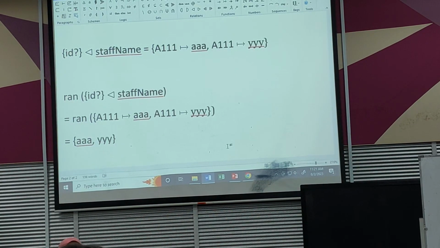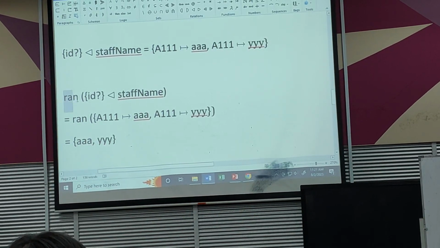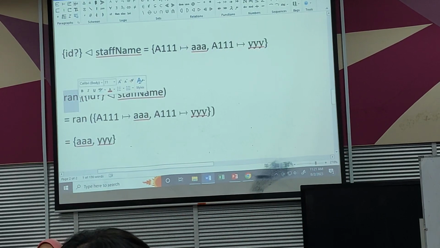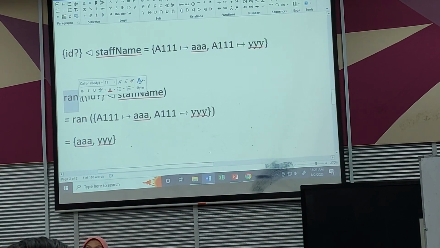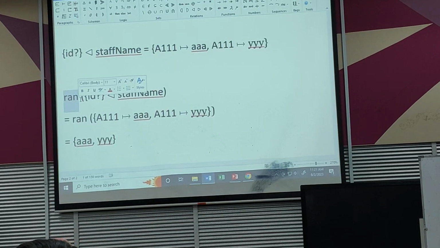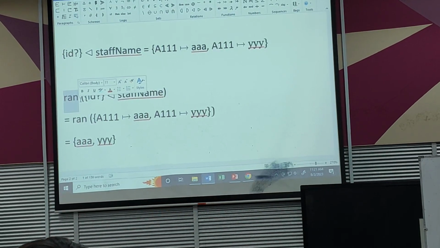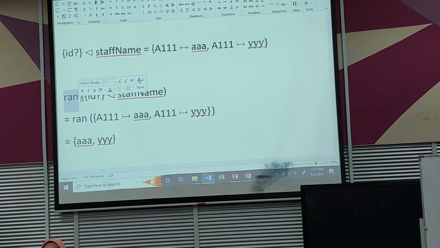Okay, if you put ran in front. So this is actually if let's say you want to produce output. You don't want the ID again, you want only the name. So the name is range, then you put ran in front.